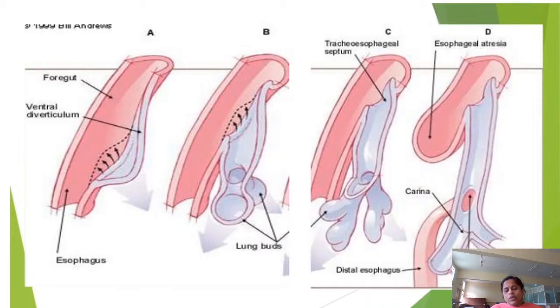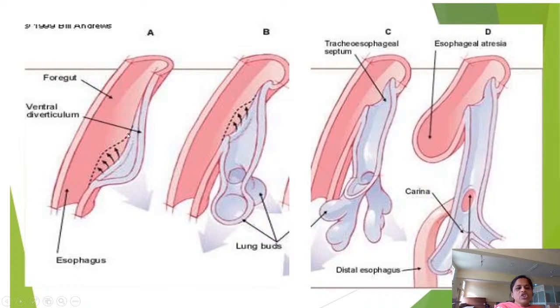Now, before going to how an esophageal atresia or fistula presents in a neonate, you should understand where the problem is and why a fistula or atresia forms. Whenever the foregut is developing, the lung buds are also developing close by.